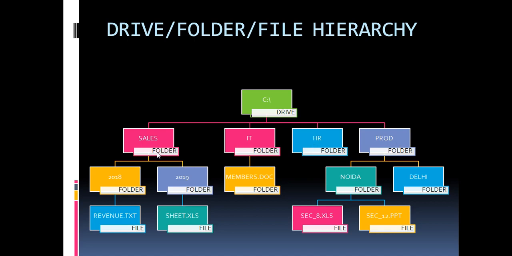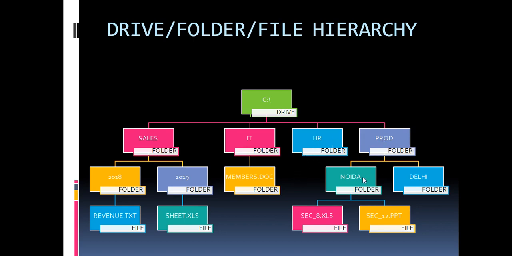The sales folder has two subfolders, 2018 and 2019, and further 2019 has a file called revenue, and 2018 has a file called sheet. IT has a subfolder, members. In this diagram HR does not have any subfolders or files.